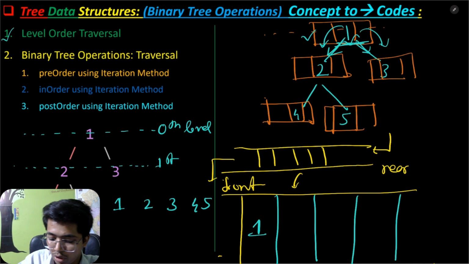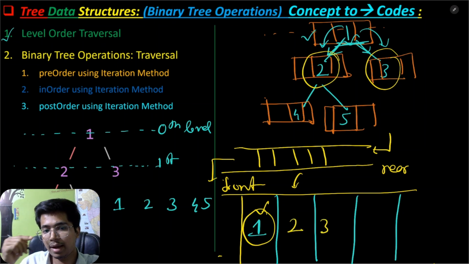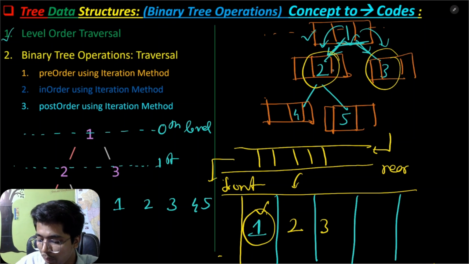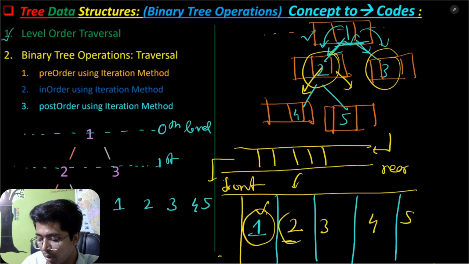We clearly see that there is element 2 and element 3. So when we visit element 1, we insert 2 and 3 also. That is the first time. Second, when we visit 2, we again check if there is a left and right. We see there is, so we again insert 4 and 5, and we process those elements one by one.